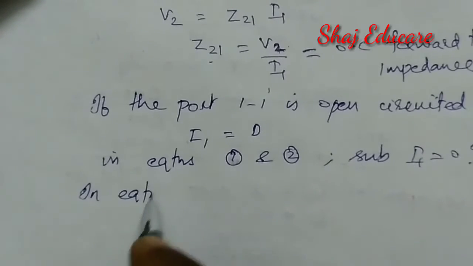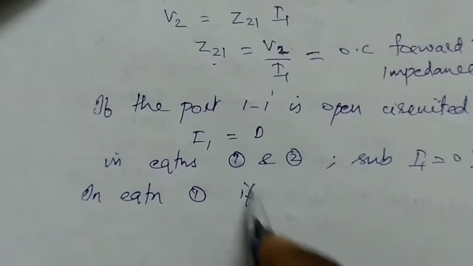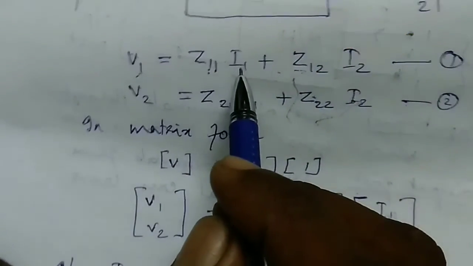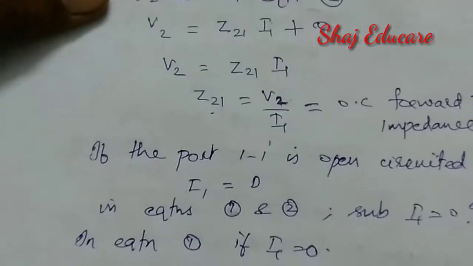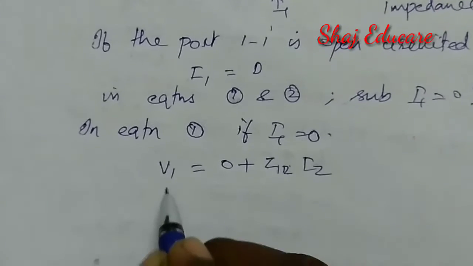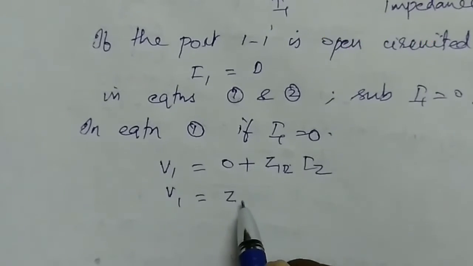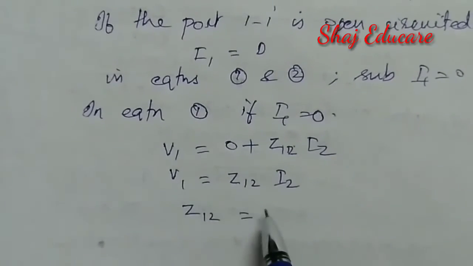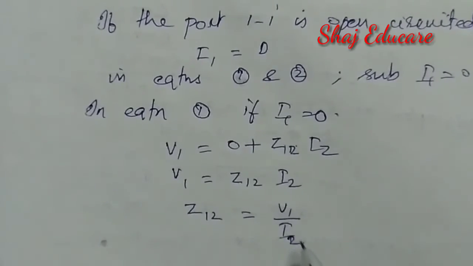In equation 1, if I1 is equal to 0, the first term will vanish, so 0 plus the second term, that is Z12 I2. That is V1 is equal to Z12 I2, and from this we obtain Z12 is equal to V1 by I2.